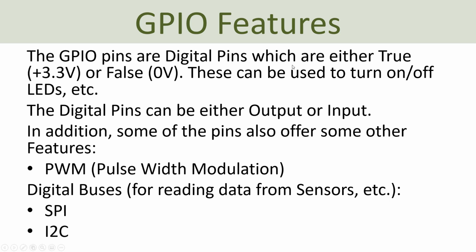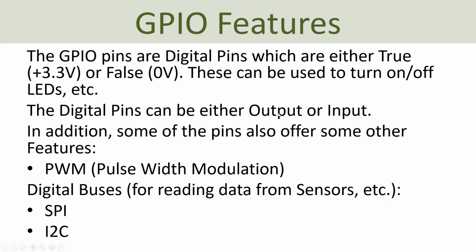These are digital pins that are either true or false. When a specific pin is true, it is plus 3.3 volts. If it's false, it's 0 volts. So these pins can be used to turn on or off LEDs, control a motor. We can read values from a push button, etc.